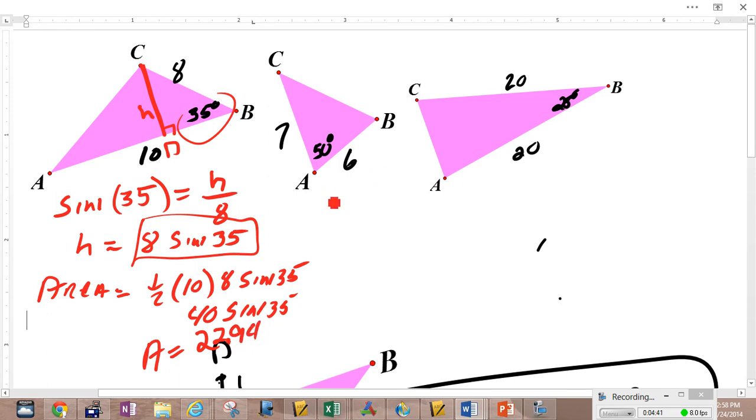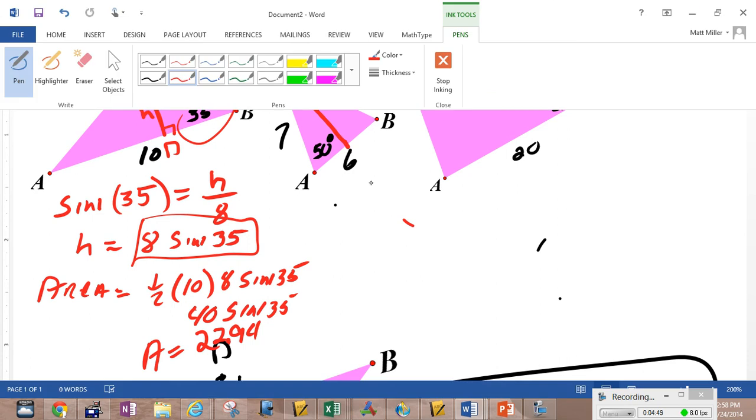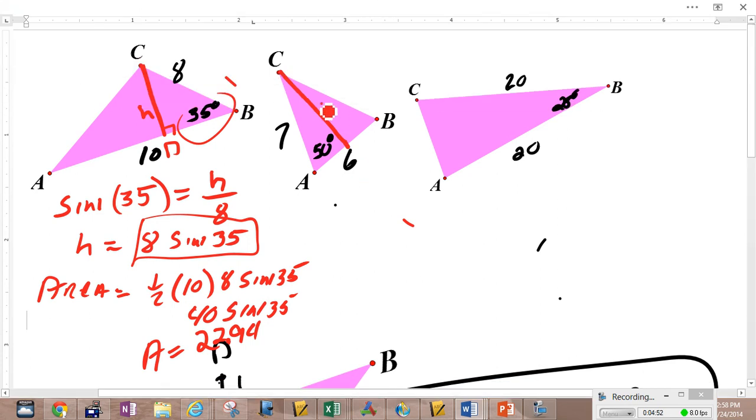I got the same problem. No, I don't, because all I can do is draw my height in here again. Okay, here's my height. Now that is going to be designated as H. Now relative to that angle of 50, that's the opposite side, and the 7 is now the hypotenuse.